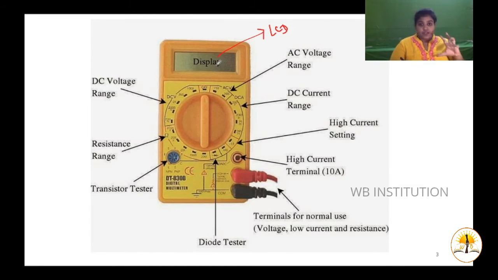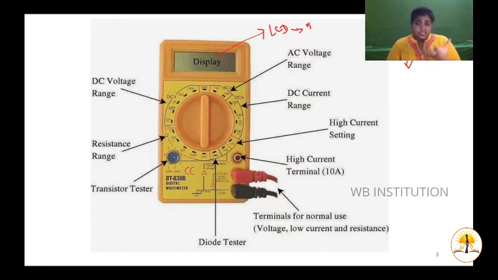Actually, this display is a 5-digit display. Just imagine the digits are like 1, 2, 3, 4 and 5. In this, the first digit represents the sign. It might be a positive or a negative value, the value which we are obtaining.